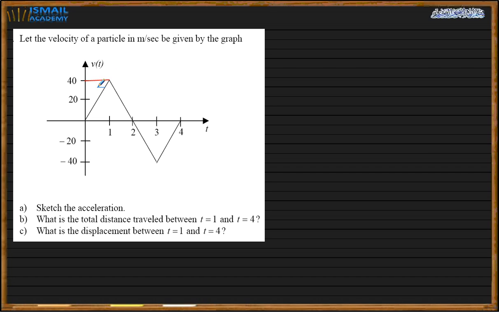Here it's decreased by minus 40, so from here to here it will be minus 40. And here it is increased by 40. So this is the acceleration. Just put it on the middle line, and I put the acceleration graph.